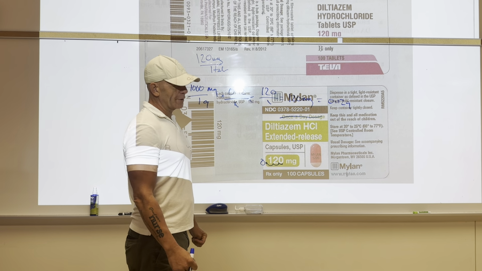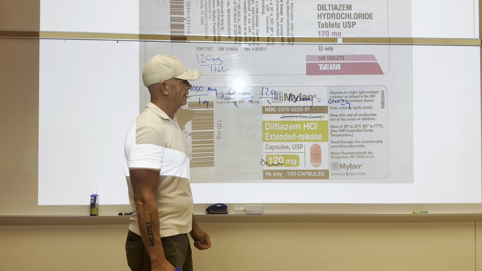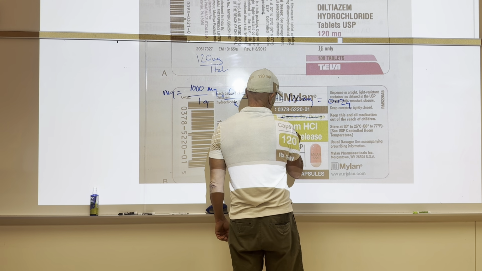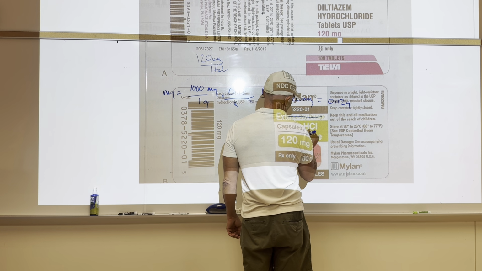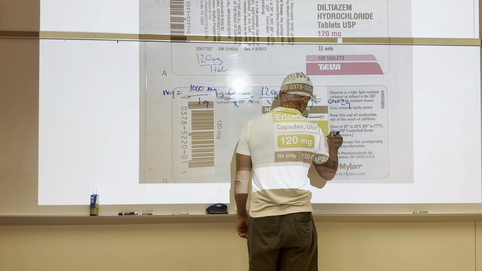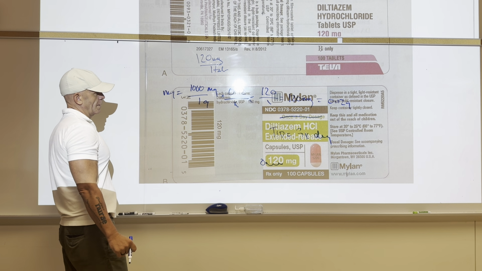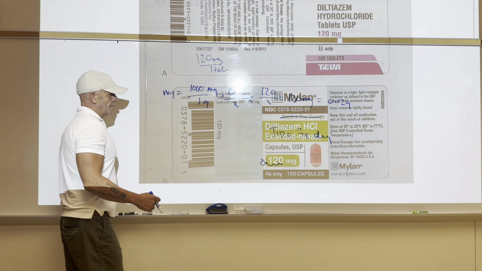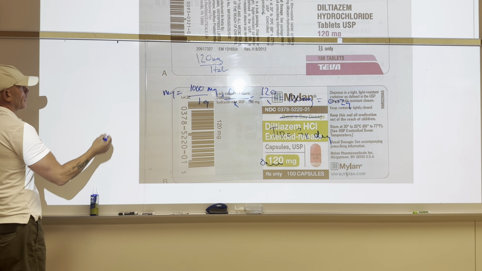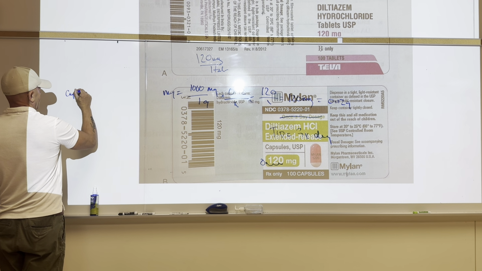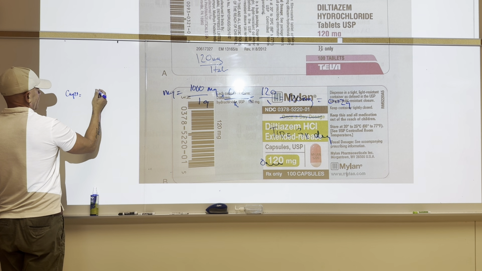So how many capsules are you going to give for the day? 120, because TID equals 3 times a day. All right, so you want to work it out. How many capsules a day? So we're looking for caps.